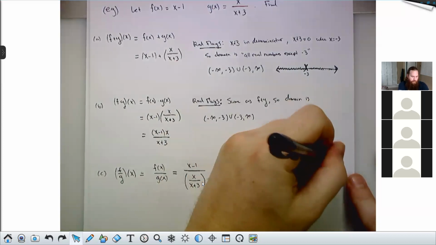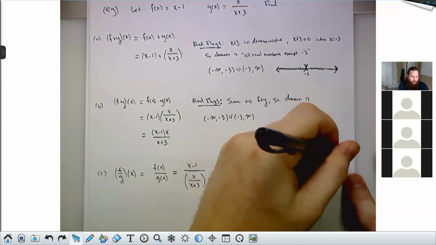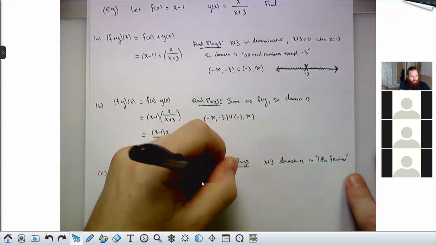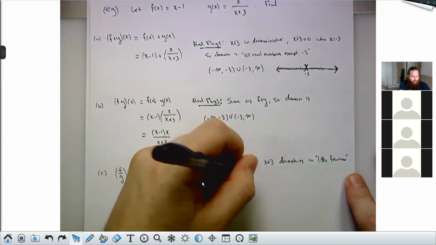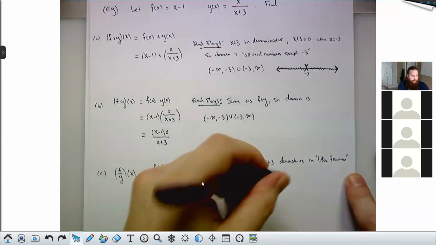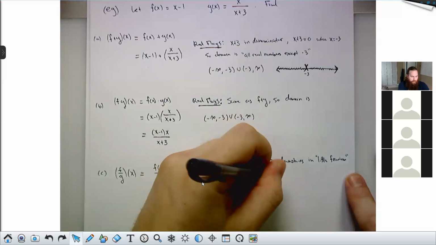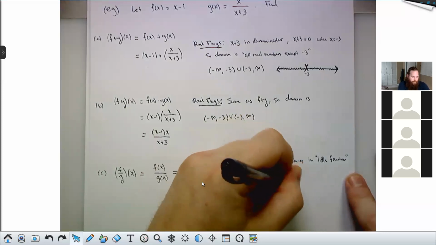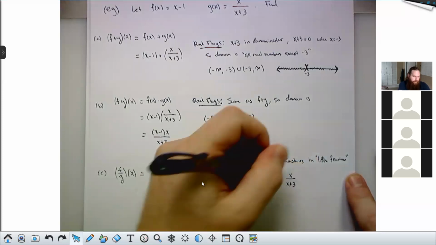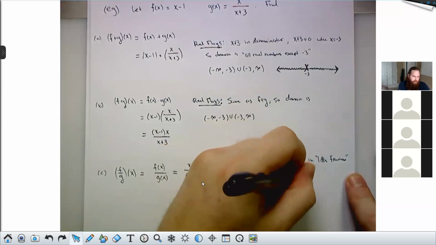So in the little fraction, I have the same domain red flag. So x cannot be equal to negative 3. We also have x over x plus 3 downstairs in the big fraction.